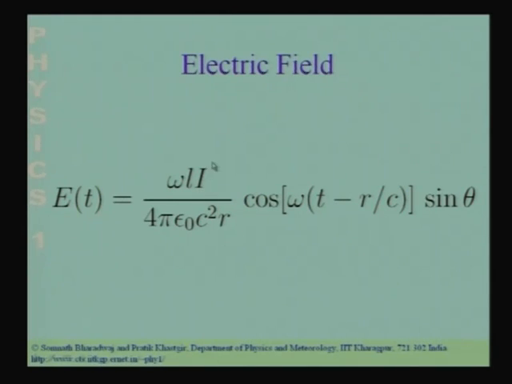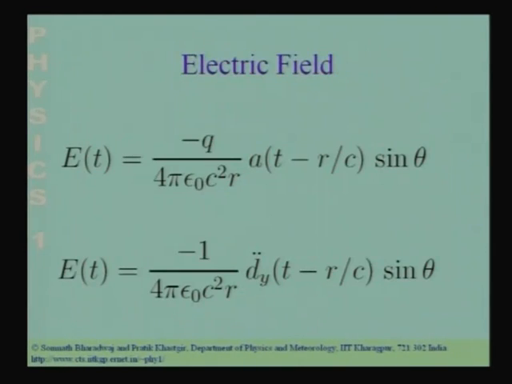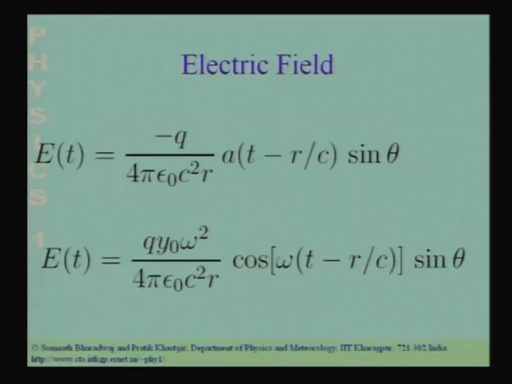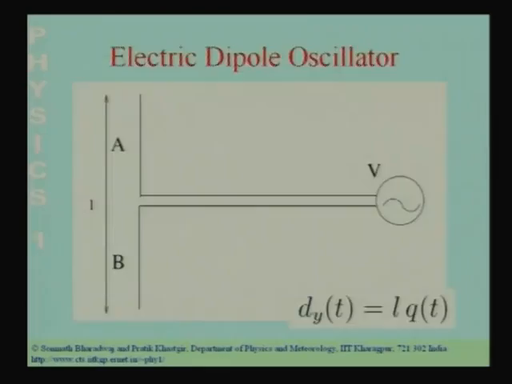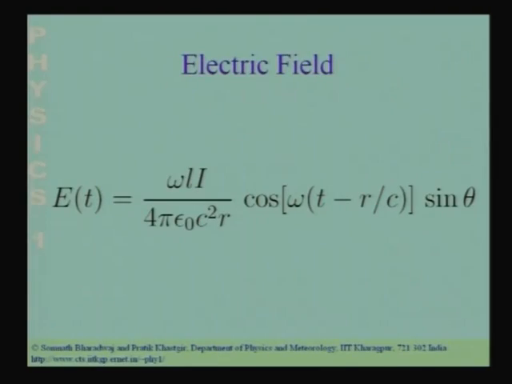The I here is the amplitude of the current, and this is the expression for the electric field in terms of the current. So, what we have done is write the expression for the electric field in this situation in terms of the dipole moment and also in terms of the current.